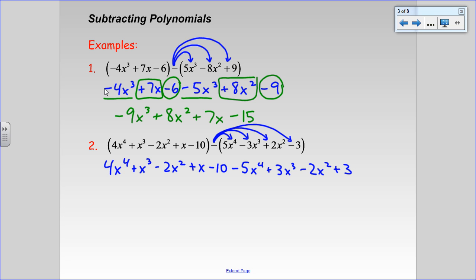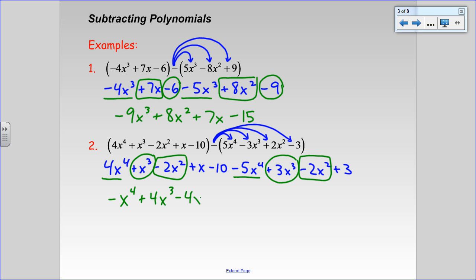Now we combine like terms. 4x to the 4th minus 5x to the 4th would be -1x to the 4th. X cubed plus 3x cubed is 4x cubed. -2x squared and another -2x squared is -4x squared.